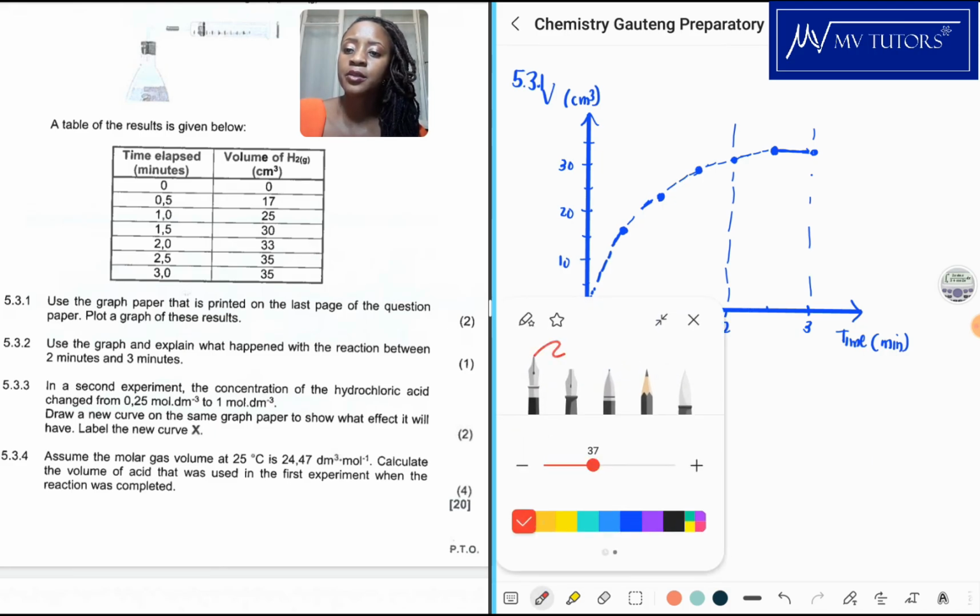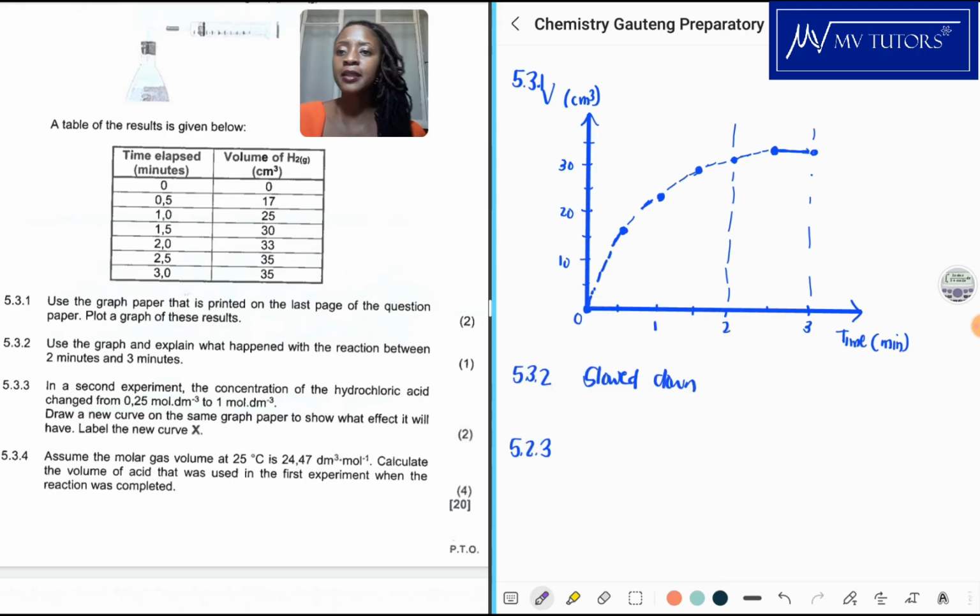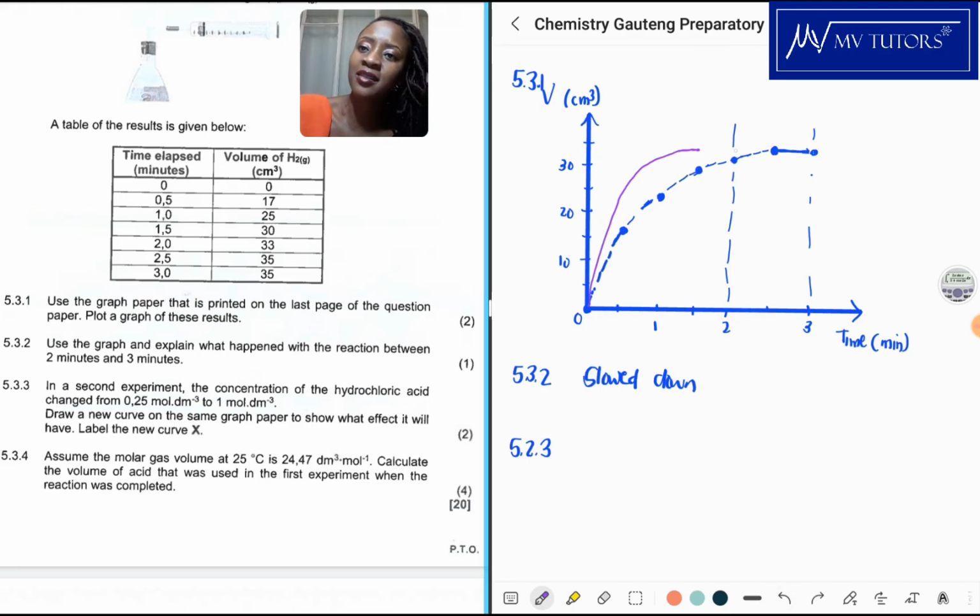Okay, so yeah, I'm gonna use maybe a purple line. So basically it's going to be steeper than we had it before. Okay, so it will start at 0 as well, and then it'll be steeper. And because the rate is increased, it will have formed its products at a much quicker rate, so it will start being flat from way before.